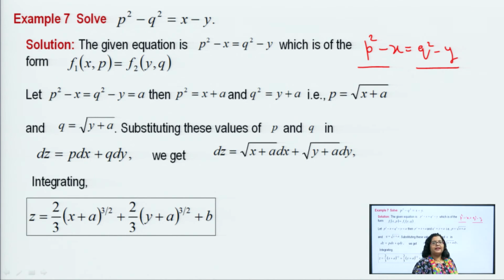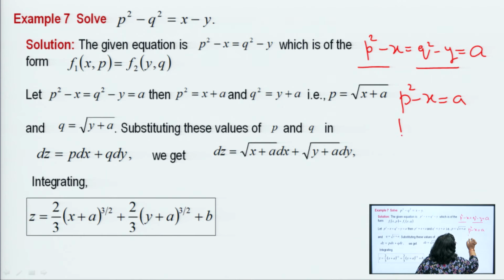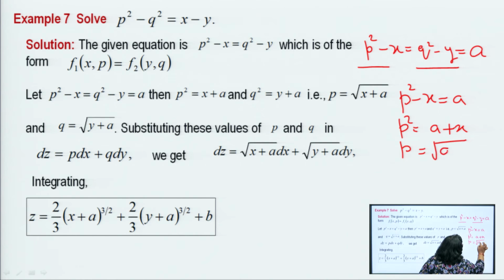That means this is type 4. For solving, we assume this is equal to A. So p square minus x is equal to A, that means p square is equal to A plus x and p is equal to root of A plus x, and q square minus y is equal to A, that means q square is equal to A plus y and q is equal to root of A plus y.